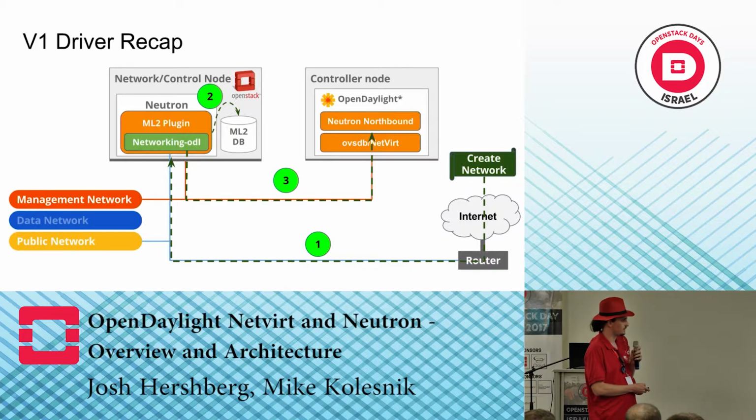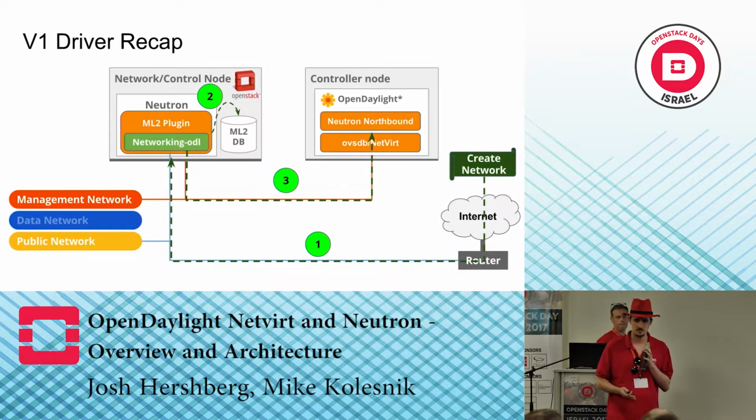The ML2 plugin takes it and writes it to the database. Then via a hook point, it calls this networking ODL part, which is the driver for OpenDaylight. This driver just calls OpenDaylight directly, calls the Neutron, and everything starts to roll from there. So very simple model, very simple design.